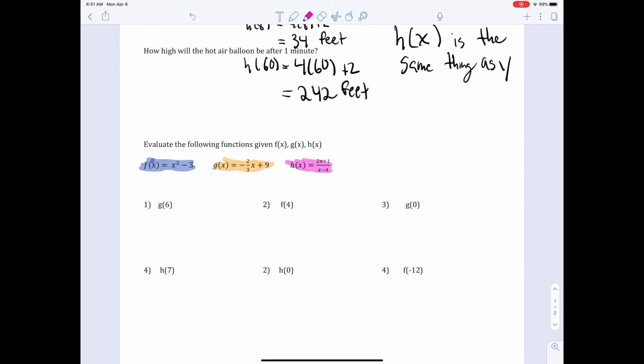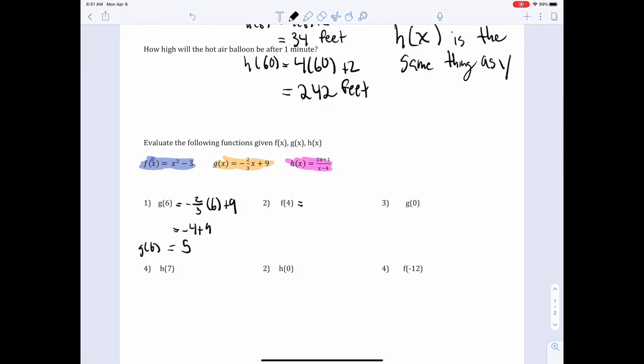So if we have g of 6, we're going to use that orange one. It's g, and what we're going to do is plug in 6 for the x, so everything else will stay the same. I like to plug it in using parentheses. So you get negative 2/3 times 6 plus 9. That'll be just negative 4 plus 9. That'll be 5. So g of 6 equals 5.